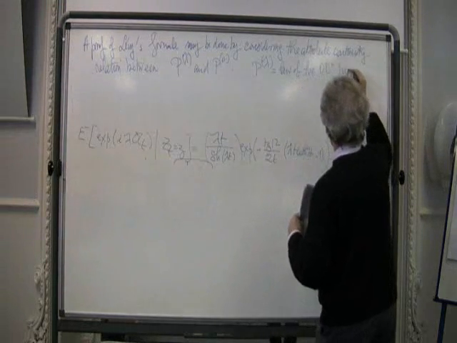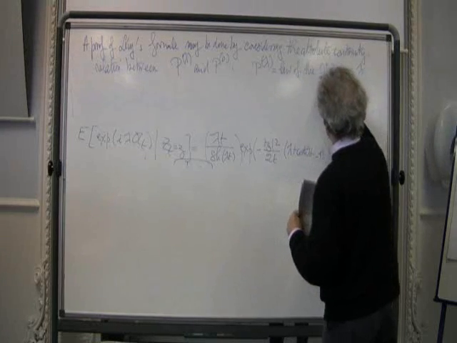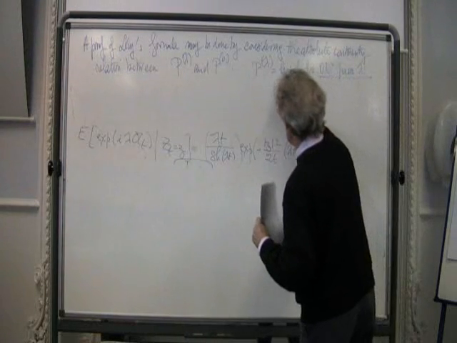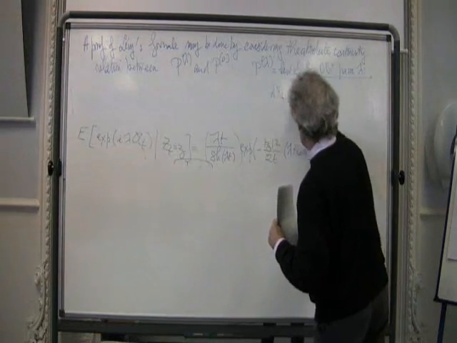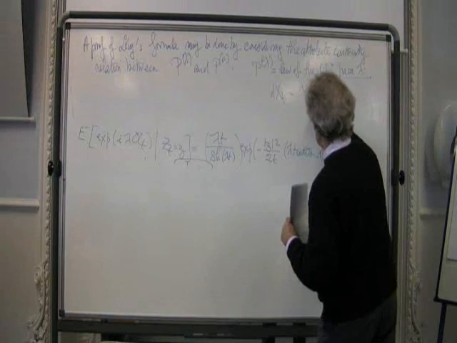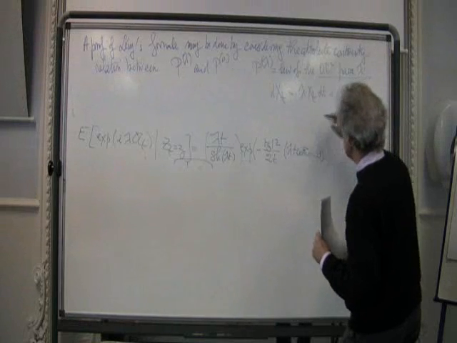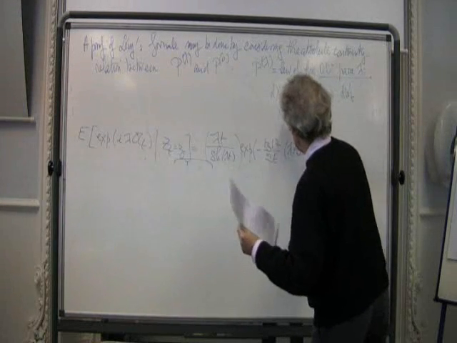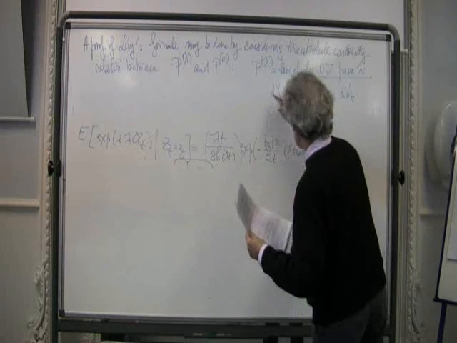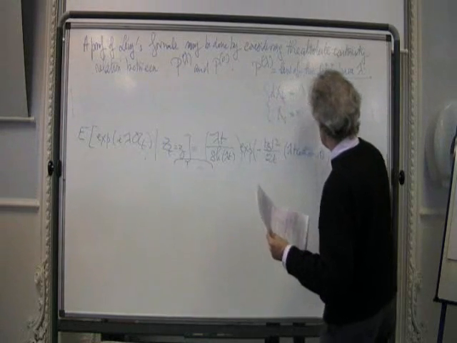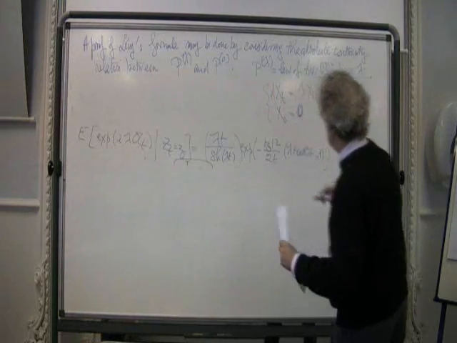Okay, so the Ornstein-Uhlenbeck process is the solution of dX_t equals lambda X_t dt plus dW_t, and X_0 equals little x, or I will take 0 today.